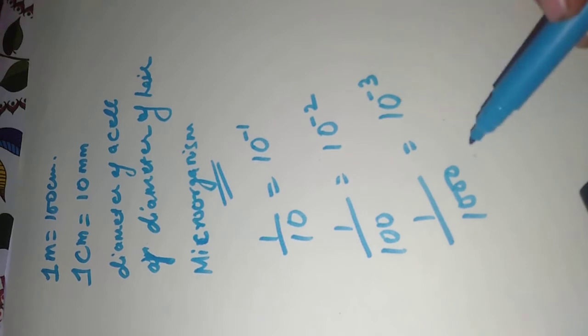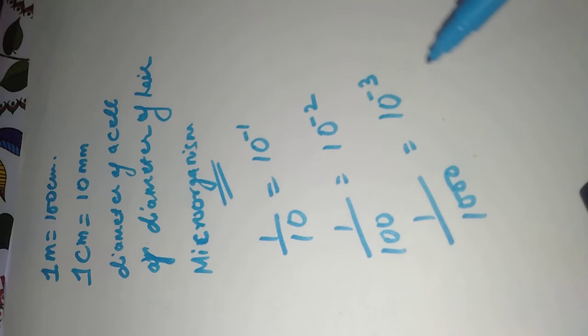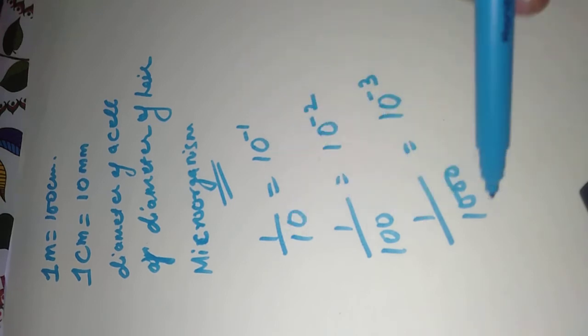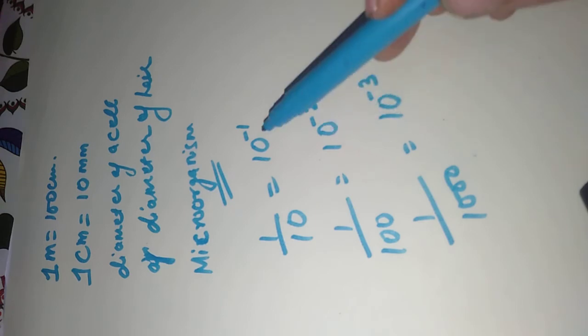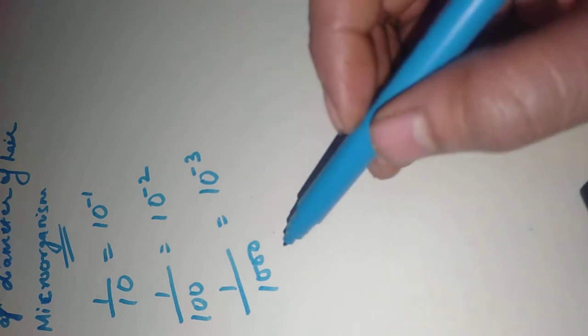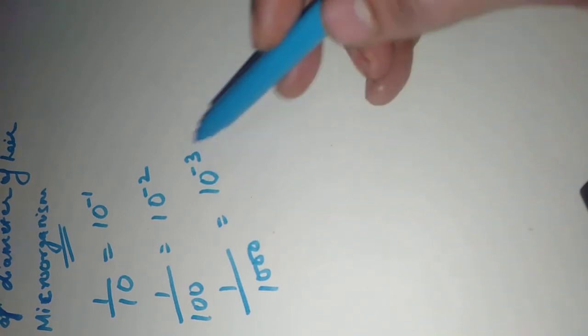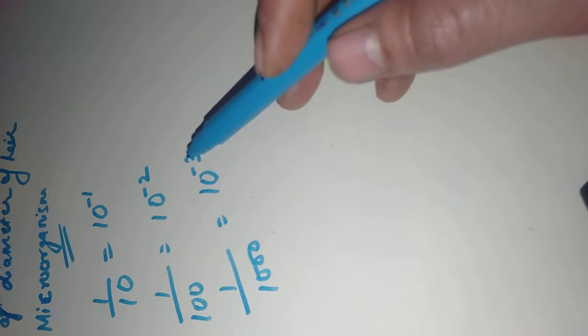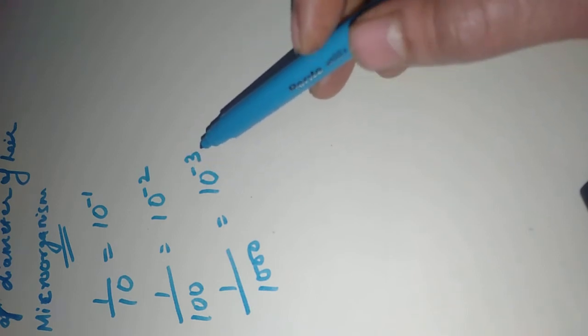After 10 to the power minus 3, next will be 10 to the power minus 4, 10 to the power minus 5, like this. So instead of writing this way, we can write in the exponential form. We can express the numbers in short form using positive and negative powers.